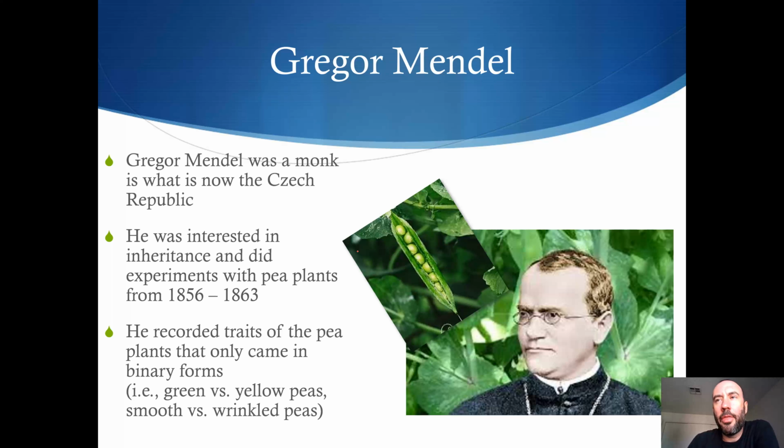So the common thought was that there must be something like blending that happens. If your dad is tall and your mom is short, you'll be some average between them. If your mom has blonde hair and your dad has dark hair, you'll have sort of a sandy, brownish colored hair. That's what they thought.